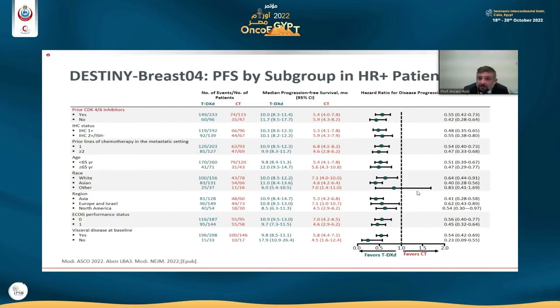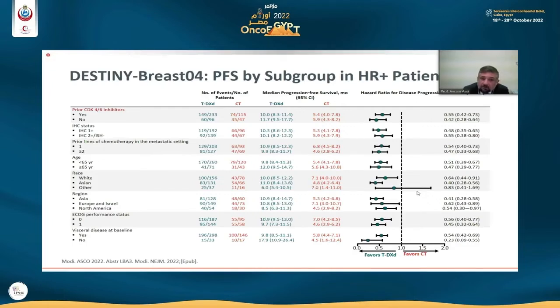The PFS by subgroup in the hormone positive patients was noticed to be statistically significant in all subgroups.